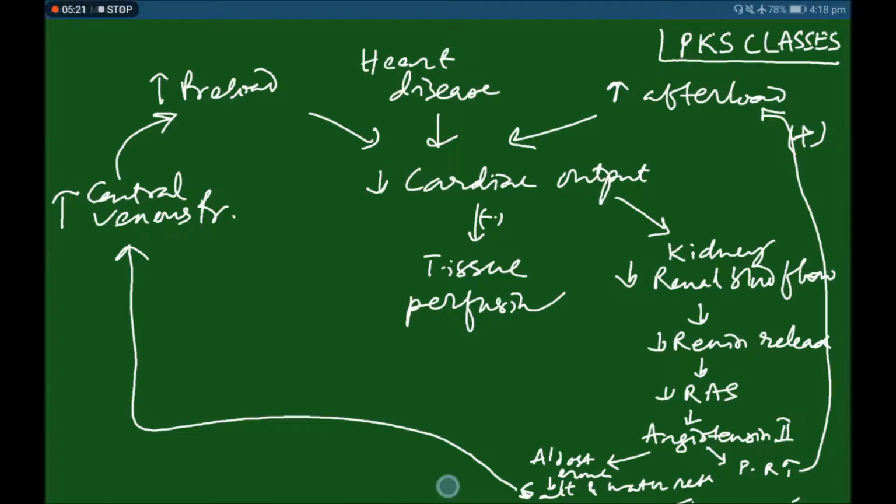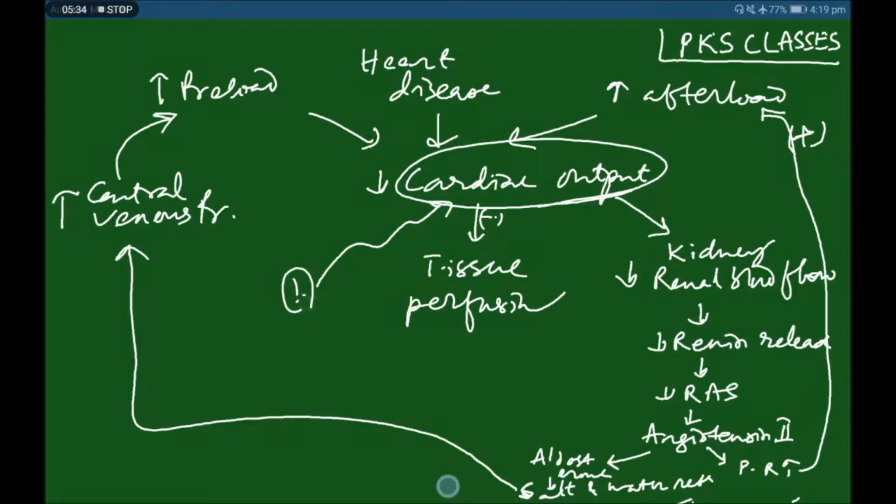Okay, now how can we treat this disease, congestive heart failure? We have to increase the cardiac output. This is target one. Then we can also block this renin-angiotensin system. This is target two.